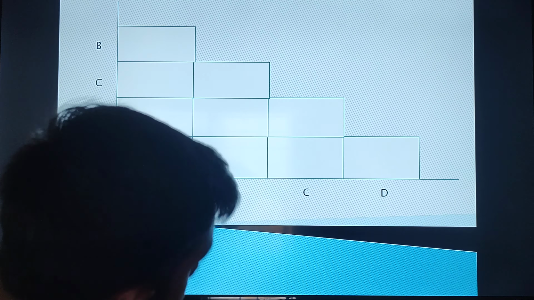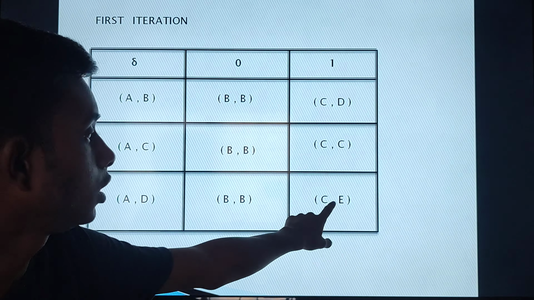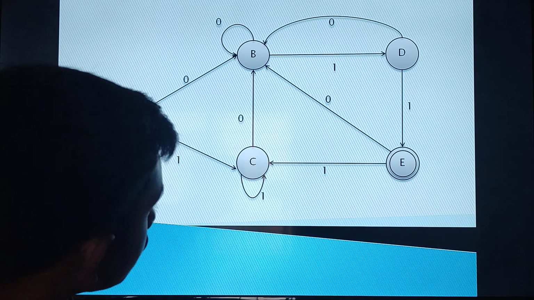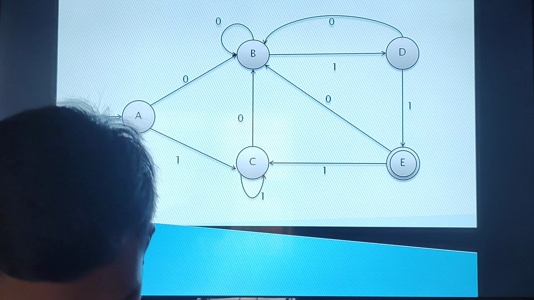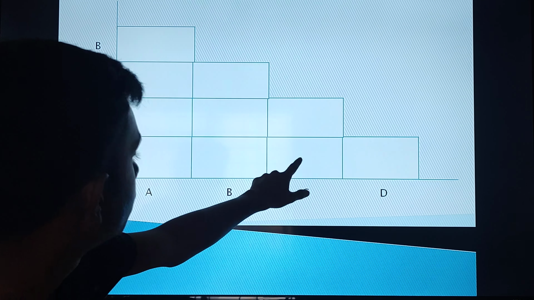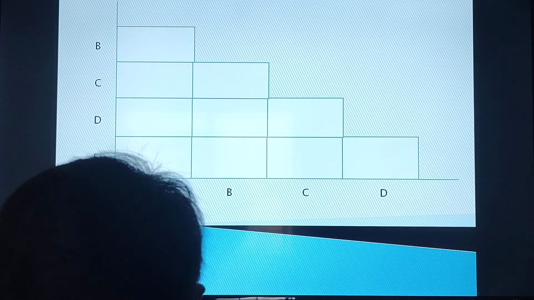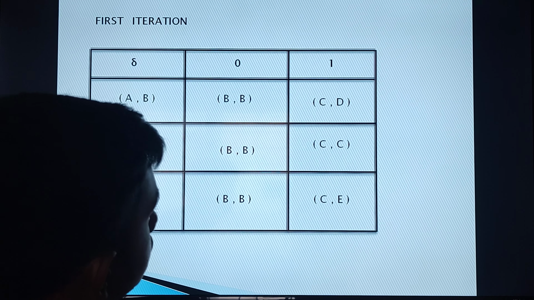For example, C, E: one is non-final and one is final state. So we have to mark it on the transition table, C, E. Let us solve it.